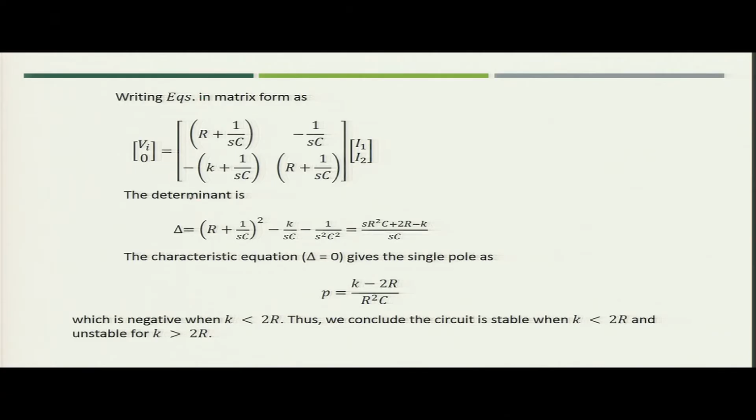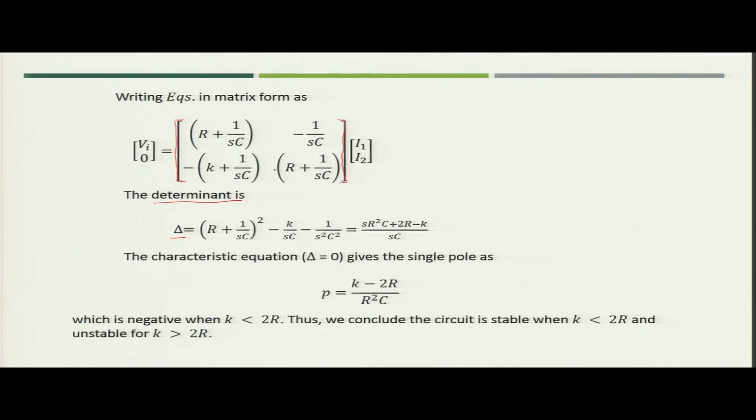When you compile the matrix, if you want to find the governing characteristic equation of this particular circuit, what you have to do is just find the determinant of the matrix which we have just compiled. So, what would be the value of the determinant? Let us say it is delta.